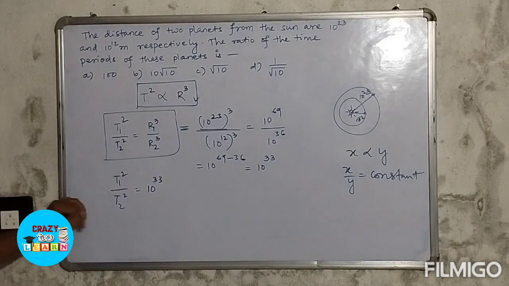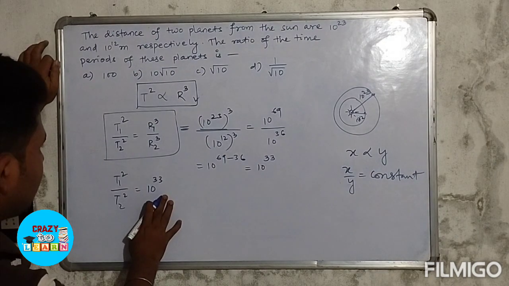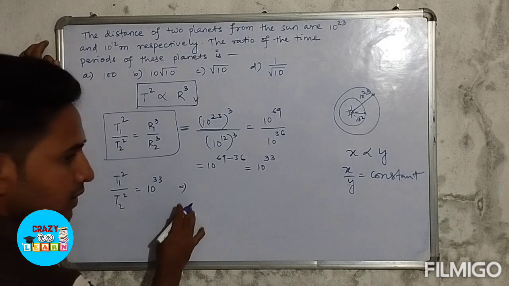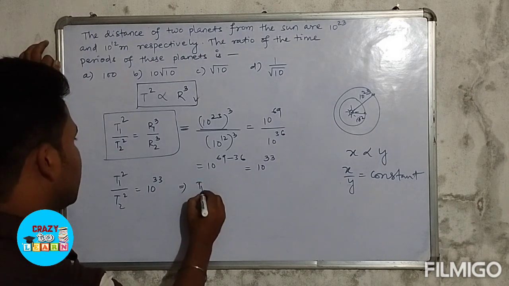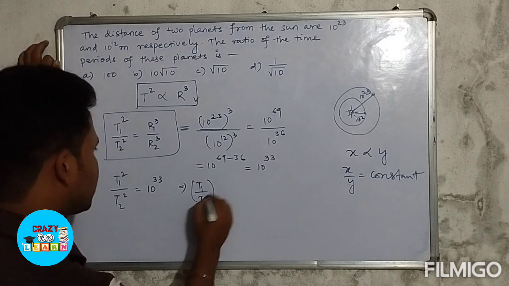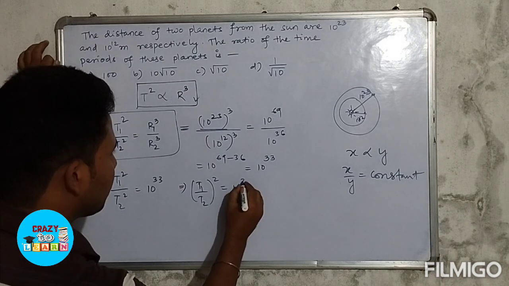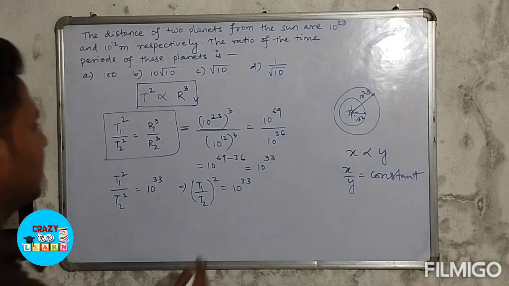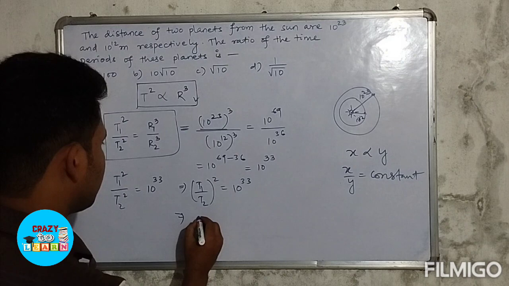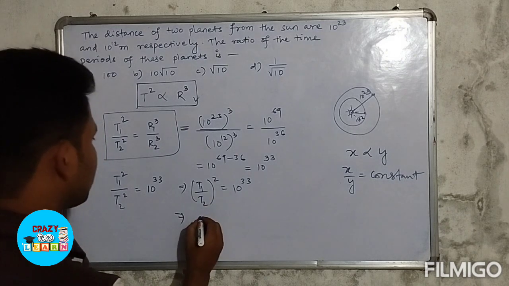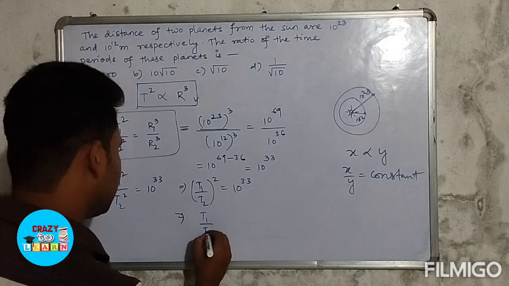Now we are getting T1 squared by T2 squared equal to 10 to the power 33. Then T1 by T2 whole squared is equal to 10 to the power 33. Just take the square root. Square root means the power is multiplied by half, so 33 by 2.